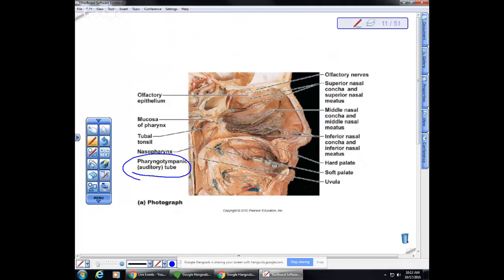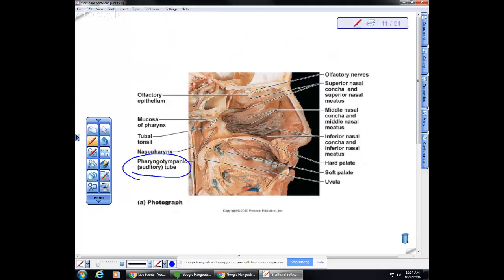And so this is where we have the connection between the respiratory system, the back of the throat, the pharynx, and the ear. And so remember that this connects to the middle ear. And that is what sometimes gets clogged when you get an infection and you get lots of mucus being produced. And then that can lead to problems with ear infections. Okay, so that's the pharyngotympanic tube back there.